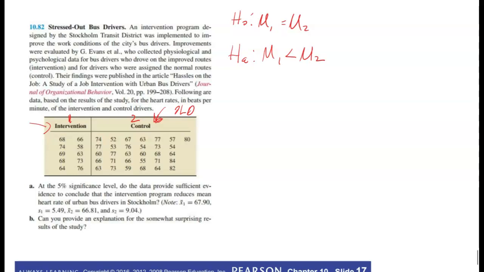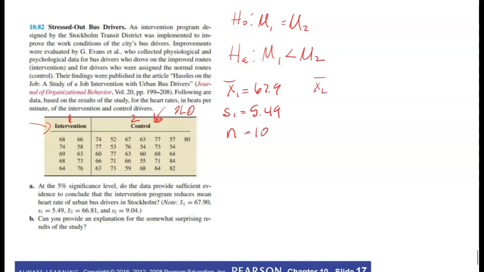So let's go ahead and jot down the information. We have X bar 1 was 67.9, S1 5.49, and N1, 1, 2, 3, 4, 5 looks to be 10.